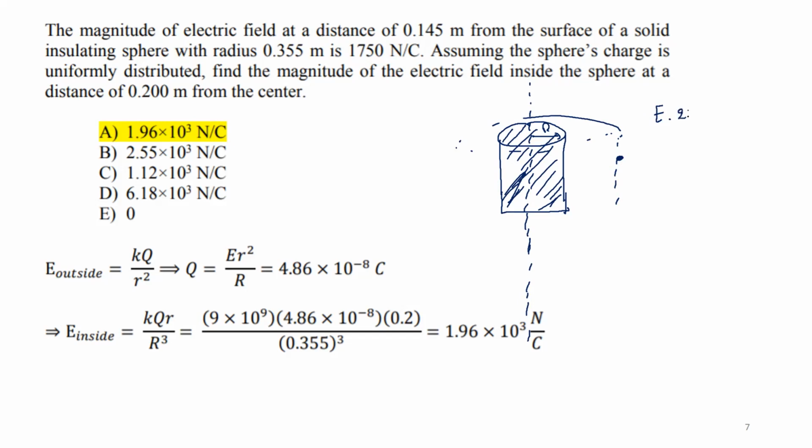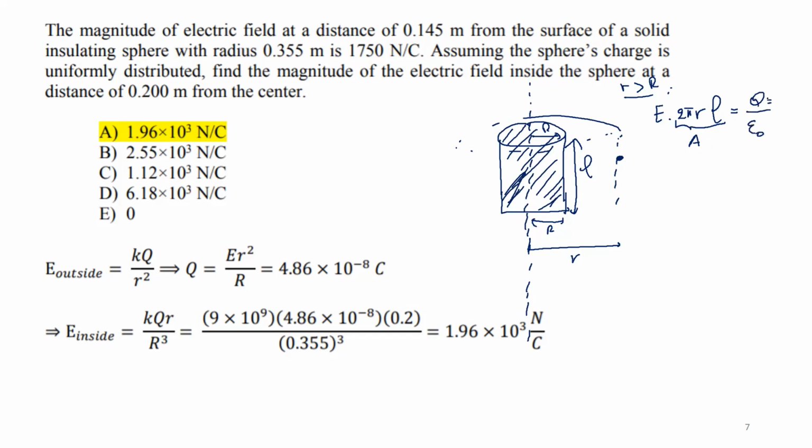What's the lateral area? 2 pi r times the length L. If this radius I call capital R, and this distance I call small r, and here I'm looking at the electric field when r is bigger than capital R. So I have 2 pi r, and don't forget to multiply by the length L. This is the area of the lateral surface of the cylinder, and this will be equal to the charge enclosed. Here the charge enclosed is the total charge inside, which I'll call Q, divided by epsilon naught.